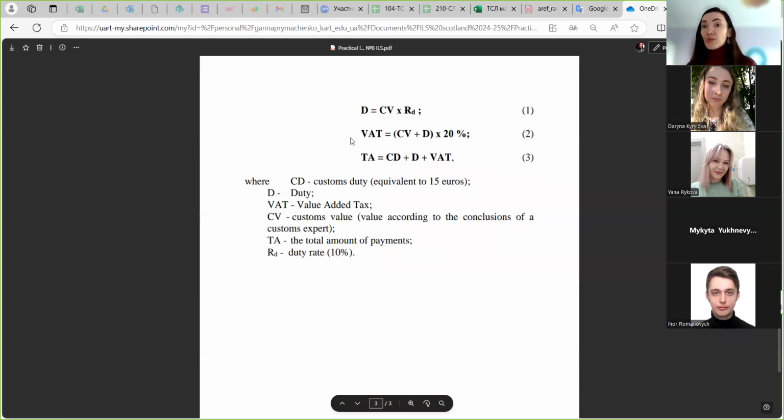So we find 10% from CV. It is maybe better and it is right for customs payment today. Please do it. And also write is equal to and leave only four digits after the point. It is okay. We have the result in hryvnias now.